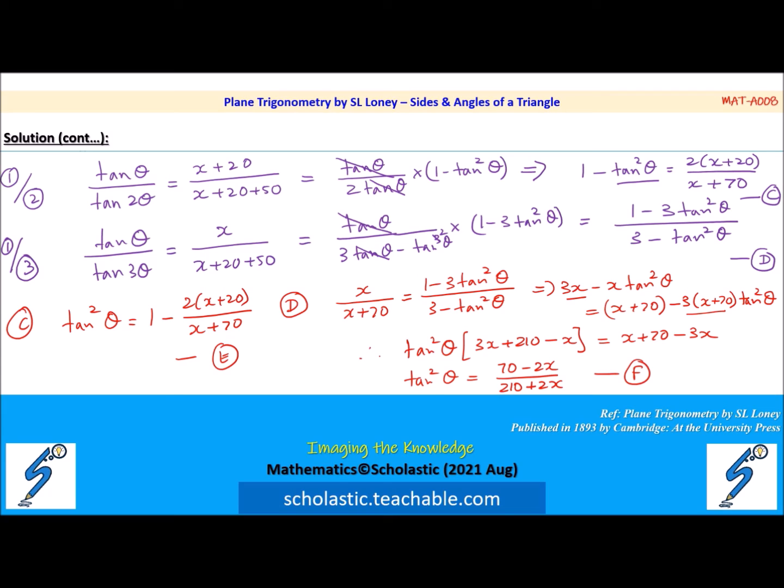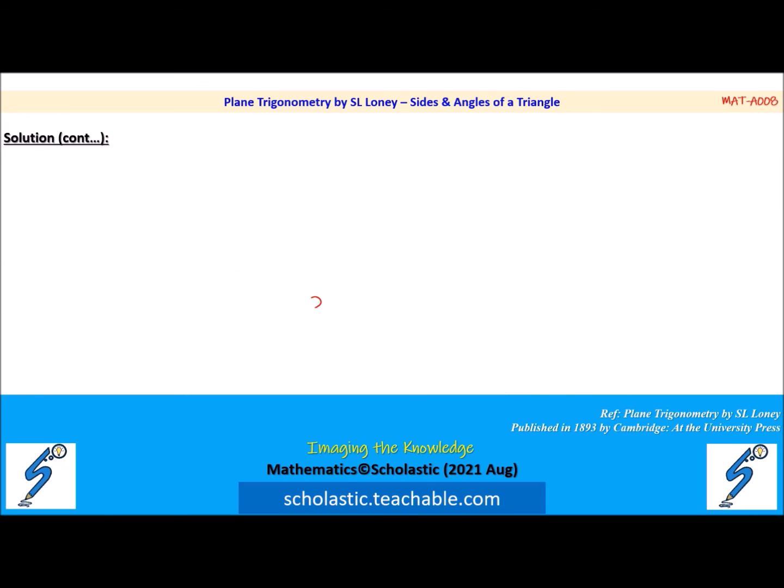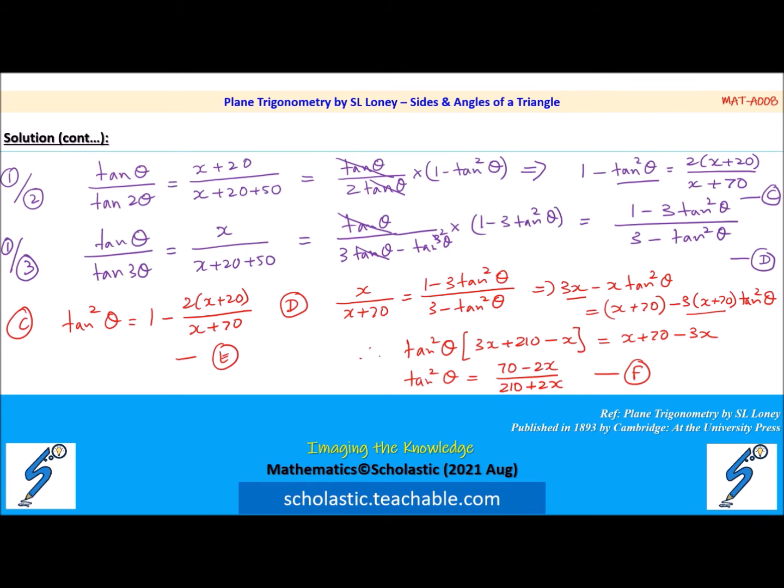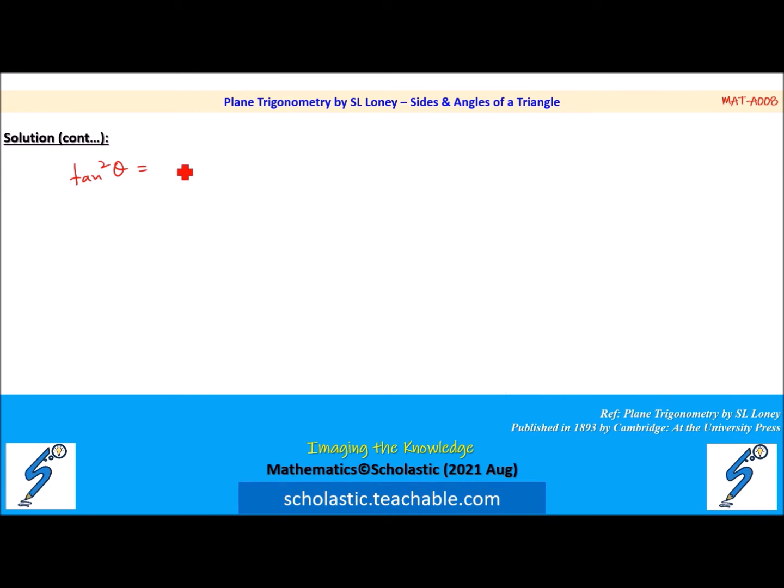Okay, so we have obtained tan square theta, and now it is a matter of simplification and finding x. If we write the equations back here again, tan square theta is equal to 1 minus (2x plus 20) divided by (x plus 70).